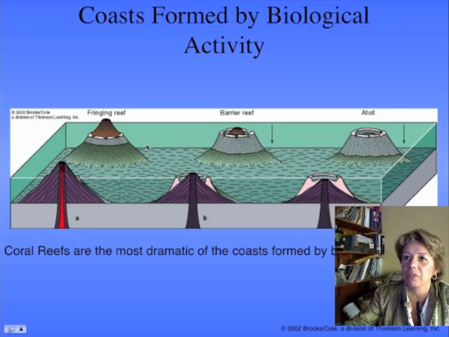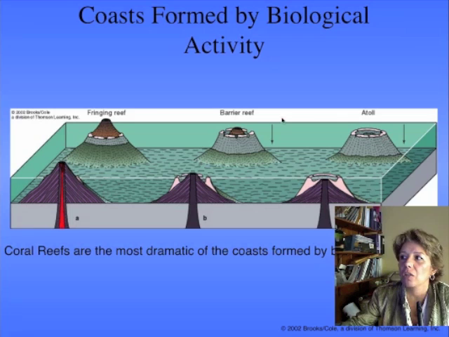Fringing reef, it's called. Then what happens is as the volcano gets older and starts to decay, it sinks down like this. So now the volcano is extinct and it's eroding away. But what's left is the reef around it, the coral reef. So that's called a barrier reef. And when you've got a really, really old volcano where the volcano is completely eroded, all that's left is the coral reef, and that's called an atoll.